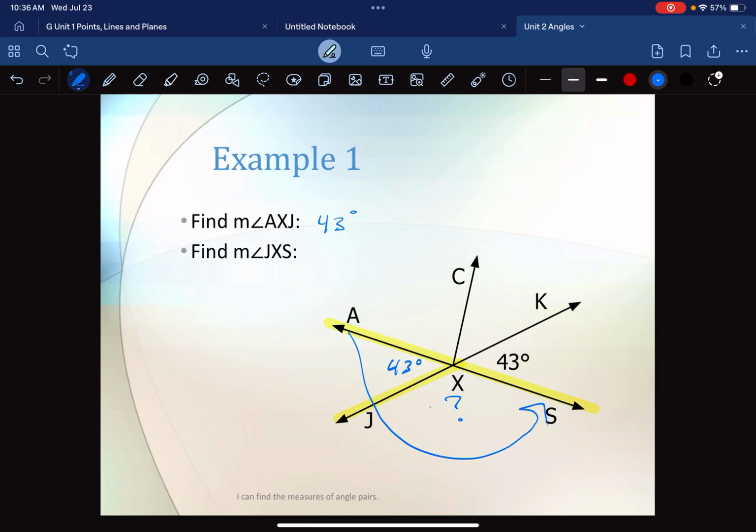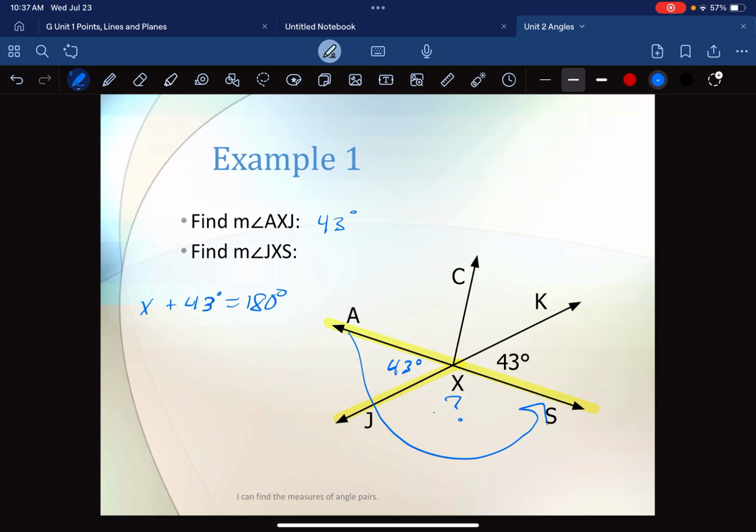And this is a linear pair then. They form a straight line. So if one angle is 43, then according to my equation, X plus 43 has to equal 180. So I know that those are supplementary. They add up to 180.